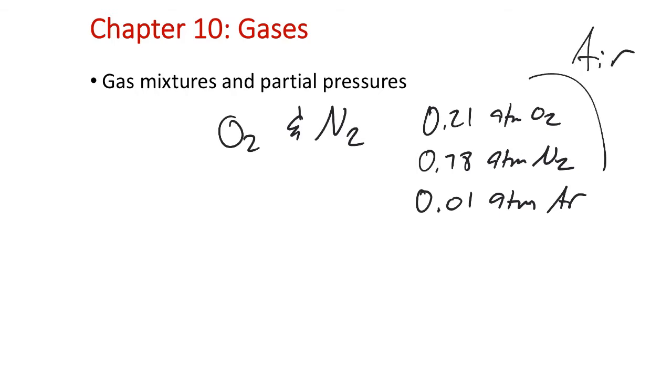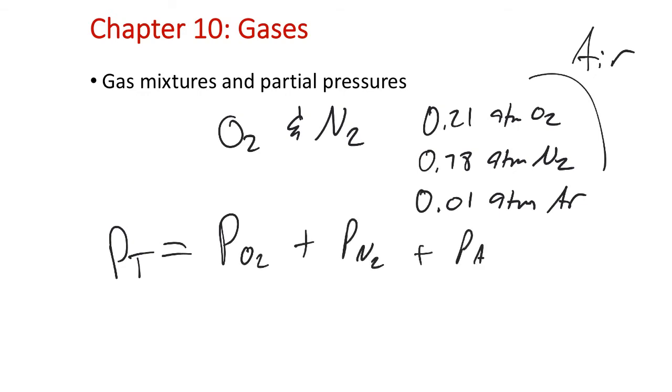Our total pressure would just be the sum of our components. So we just take the partial pressure of O2 plus the partial pressure of N2 plus the partial pressure of argon, which actually turns out to be the 3rd most abundant substance in the atmosphere. If we add all these up, we end up getting 1.00 atm. And then everything else is less than about 1% of this mixture of air that we're breathing in all the time.